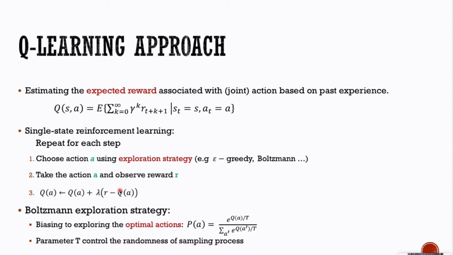I just mention the Boltzmann exploration strategy because in the paper they use it. Basically, the Boltzmann strategy says that we make the choice of actions based on the Q value of every action by the softmax function. One more thing is that the T value here is the parameter that controls the randomness of the sampling process.